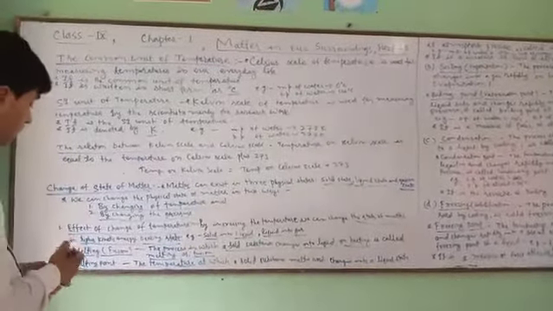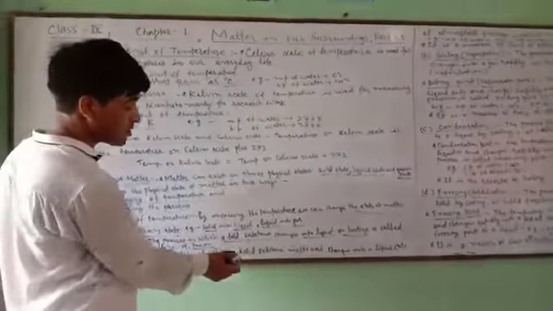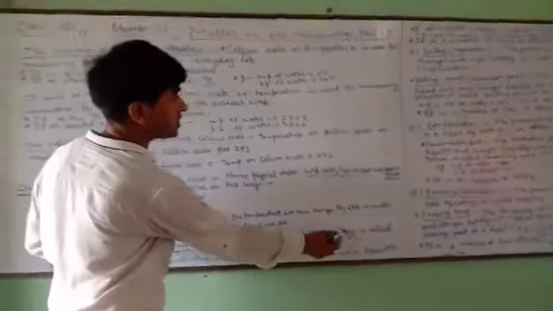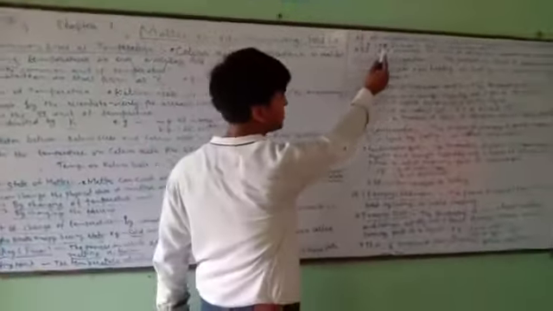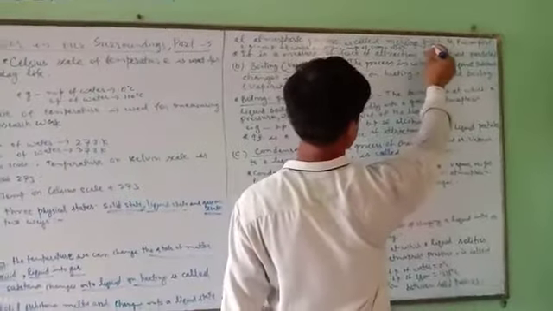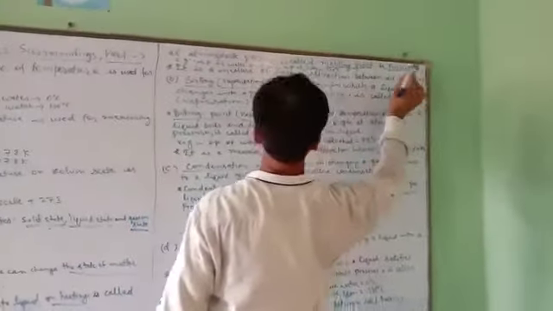What is the melting point? The temperature at which a solid substance melts and changes into a liquid state at atmospheric pressure is called the melting point, or it is also known as the fusion point.